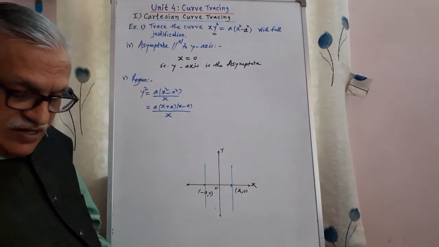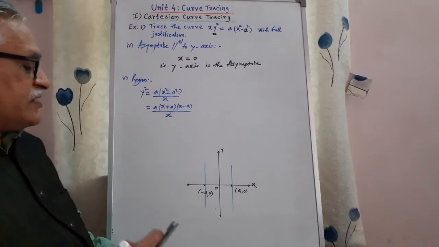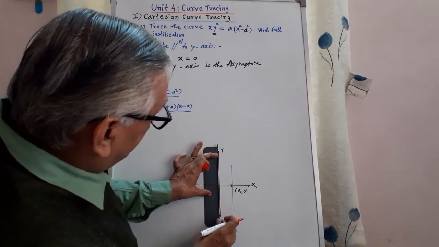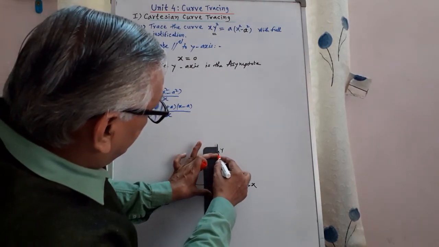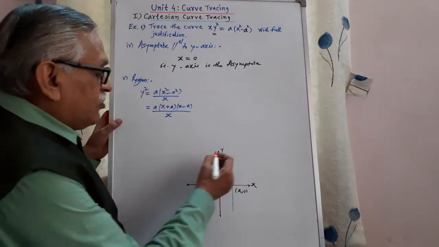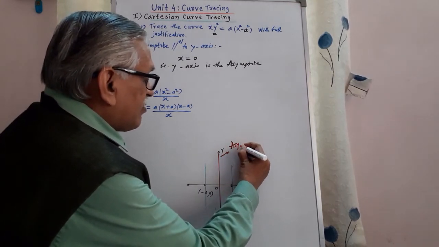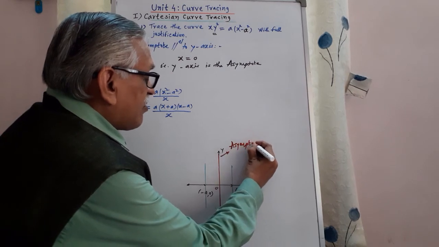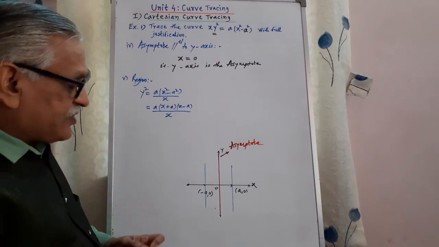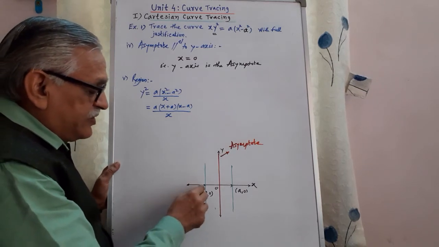Okay. And the asymptote, what is the asymptote here? The y-axis is the asymptote to this curve. Therefore, this line is the asymptote.